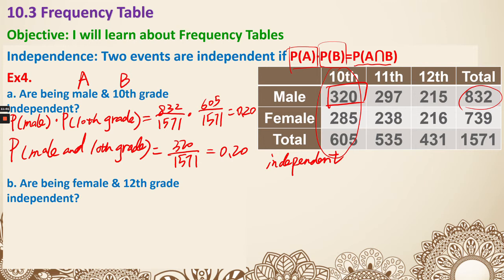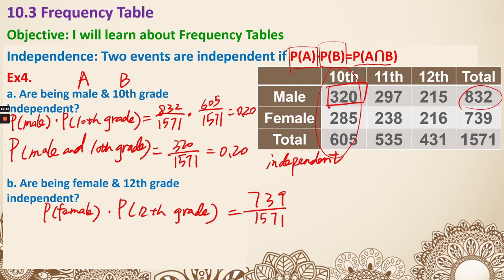Now let's see part B, female and 12th grade. Probability of female times the probability of 12th grade. Female is going to be 739 out of 1571 times 12th grade, right here, 431 over 1571. Same thing, type in your calculator.